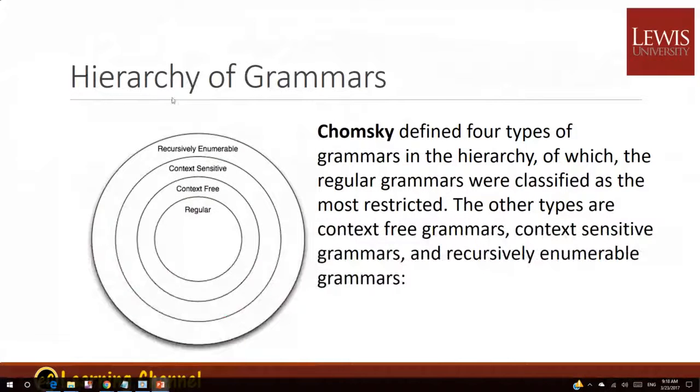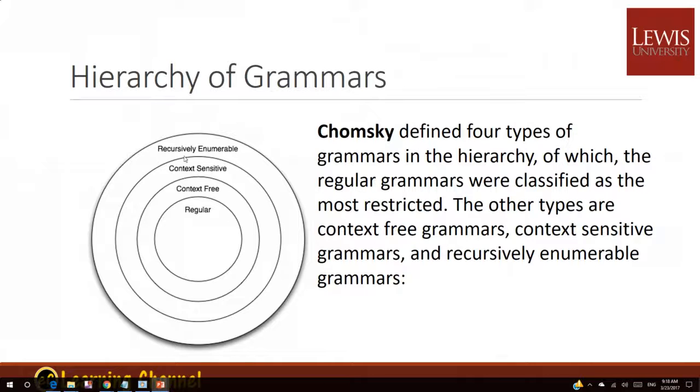Right here, I would like to talk about the hierarchy of grammars. Chomsky defined 4 types of grammars in the hierarchy, of which the regular grammar was classified as the most restricted. So the expressive power of regular grammar is the weakest.